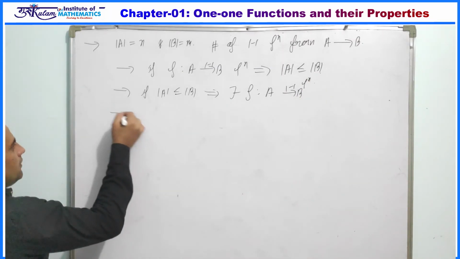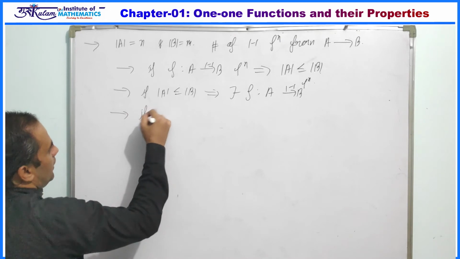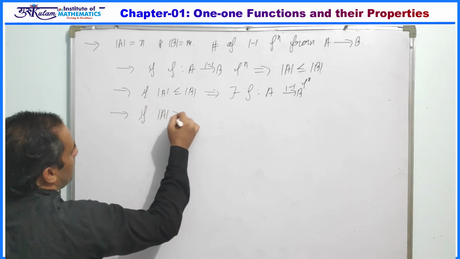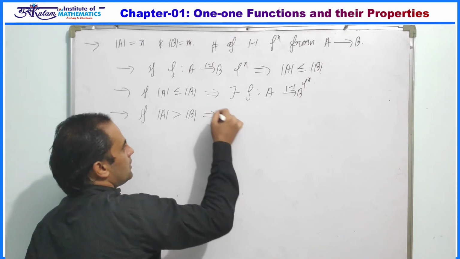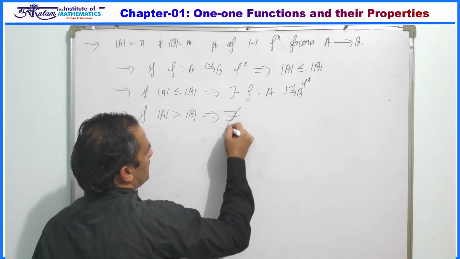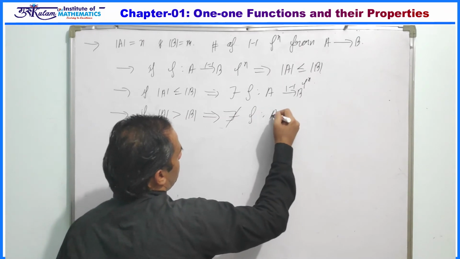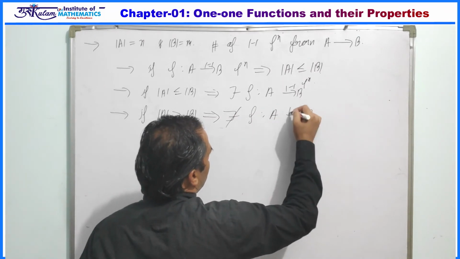Based on this property, if n(A) is greater than n(B), then obviously there never exists a 1-1 function from A to B.